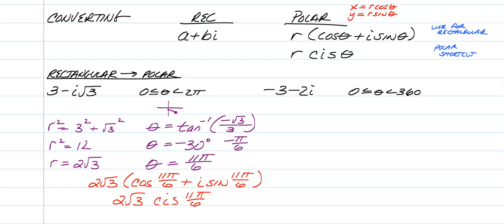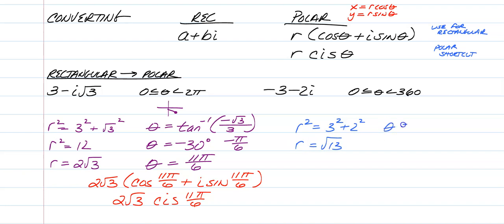Okay, so for this one, the first thing you should have done was find your r squared. So r squared is equal to negative 3 squared, but remember whenever we square anything it becomes positive, plus 2 squared. So that's going to give us the square root of 13 for r. So we've got that part.